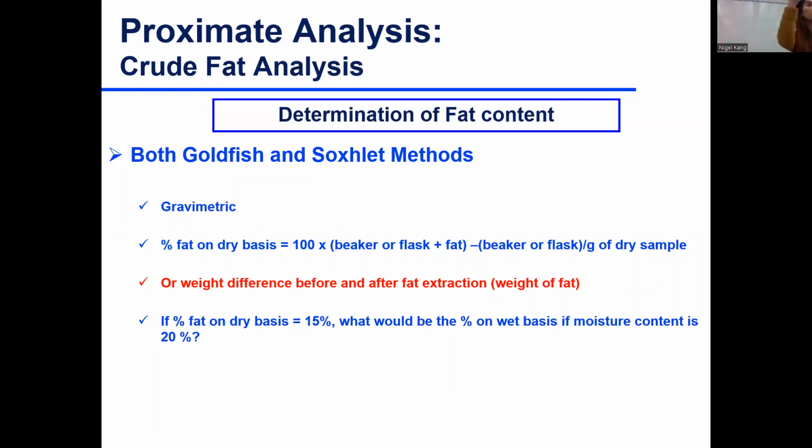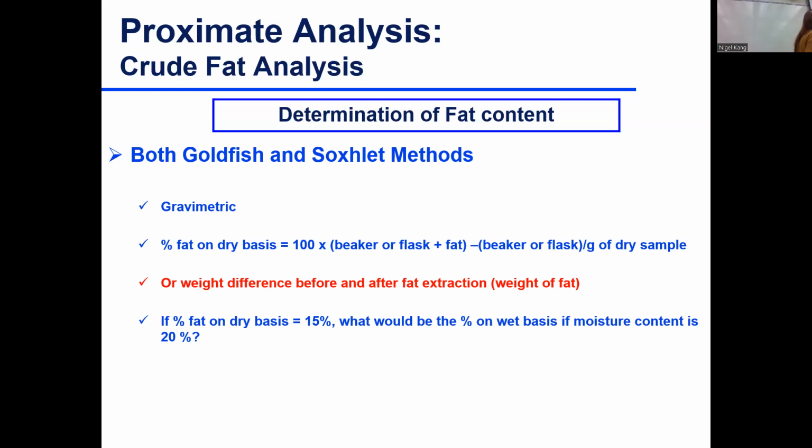Once the procedure is complete, you can take the thimble out and let it dry, because you put your sample directly in the thimble. Based on the weight difference of the thimble after drying and before, in the initial step, you can determine the weight of your fat or fat content.